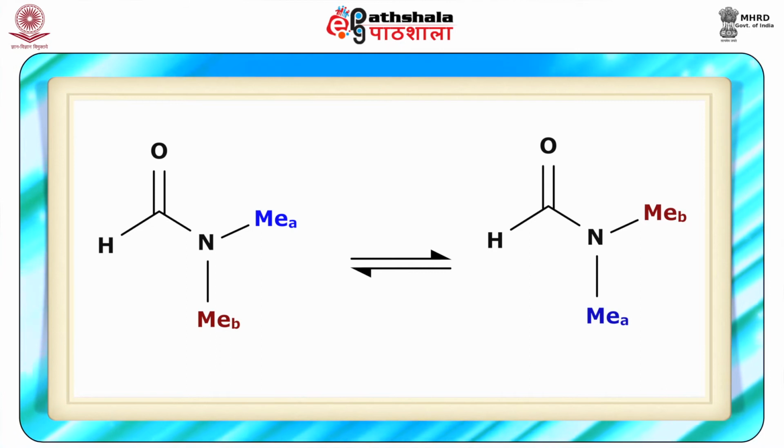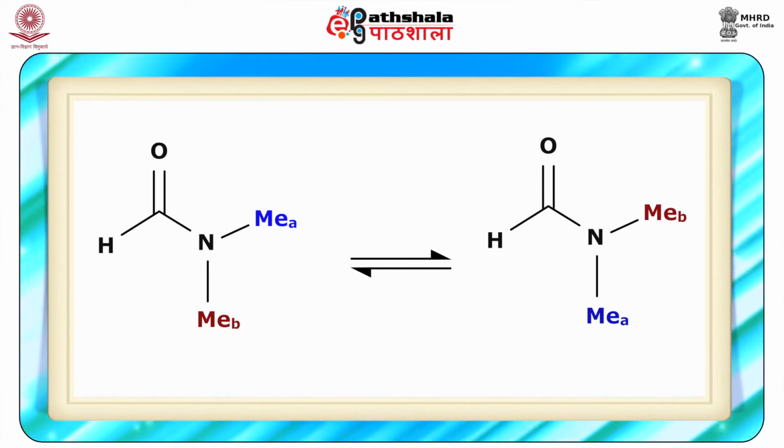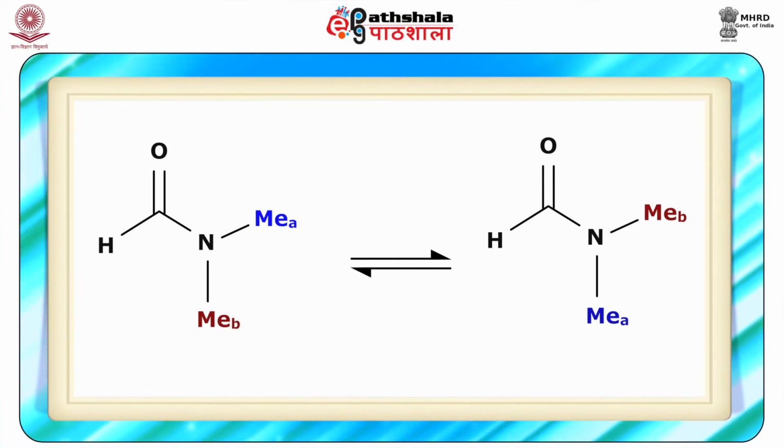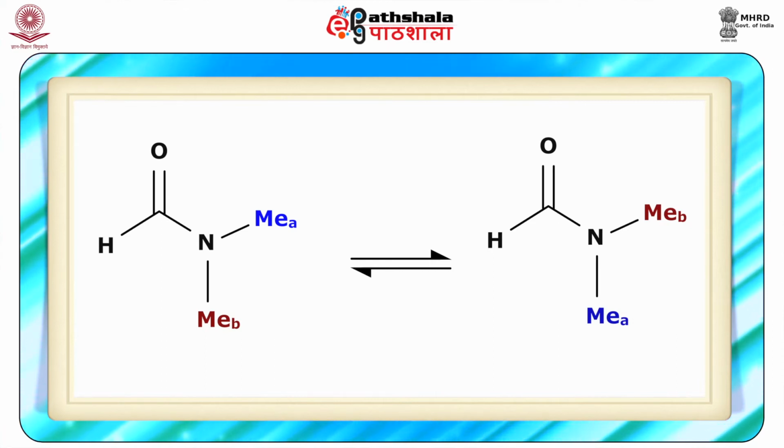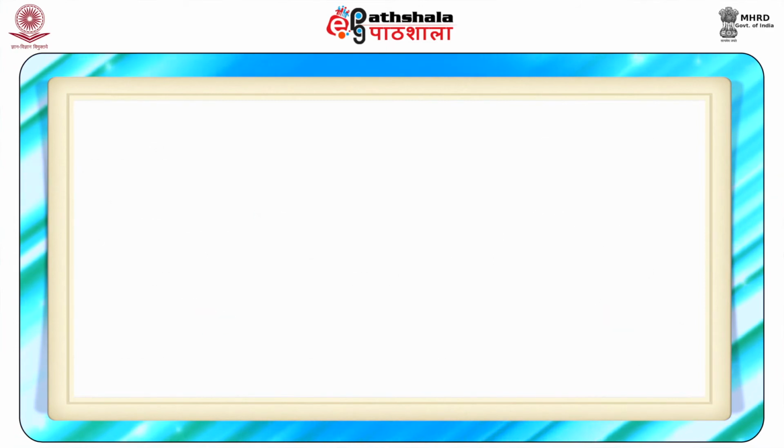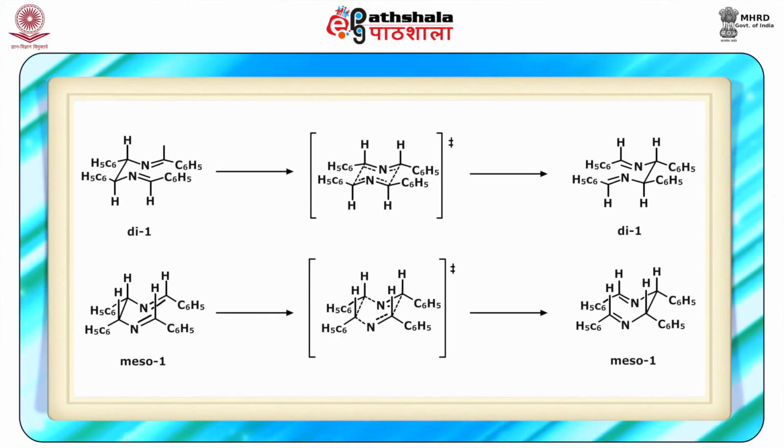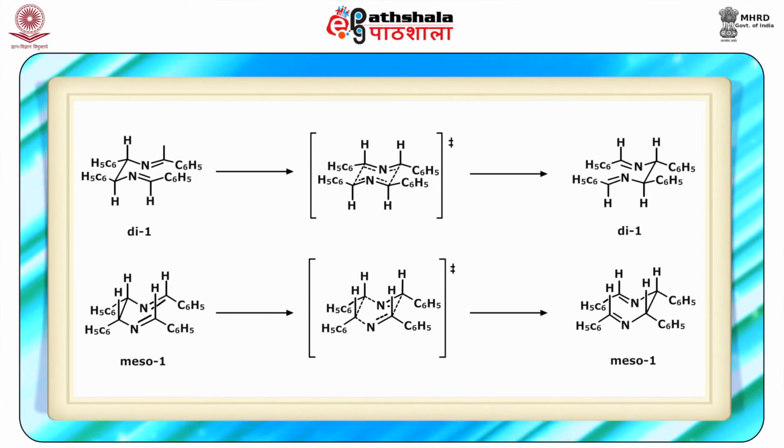The rate of exchange has also been calculated for this process at the temperature where the two signals are just merged. Let us now look at some reactions of molecules exhibiting fluxional isomerism.